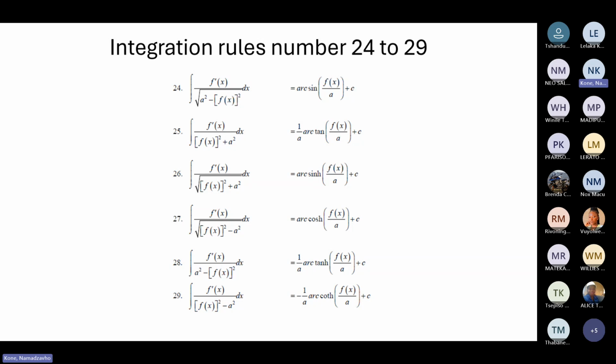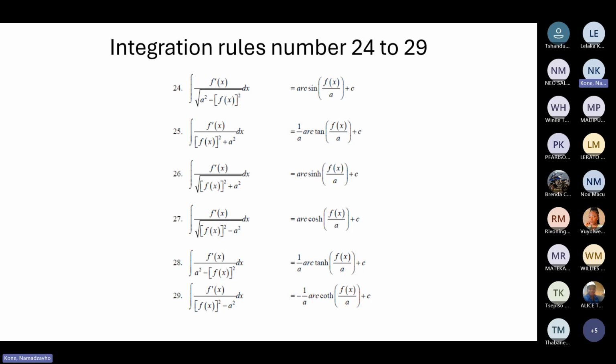That's how it works. Now, this confusion happens to me. It may not happen to you, but I will tell you what confuses me. If you look at rule number 24 on the screen, and you look at rule number 28, the only difference between these two rules is that 24 has a square root and 28 does not have a square root.